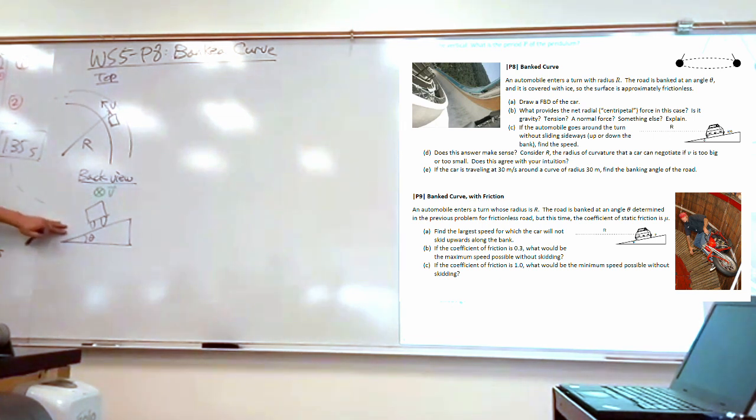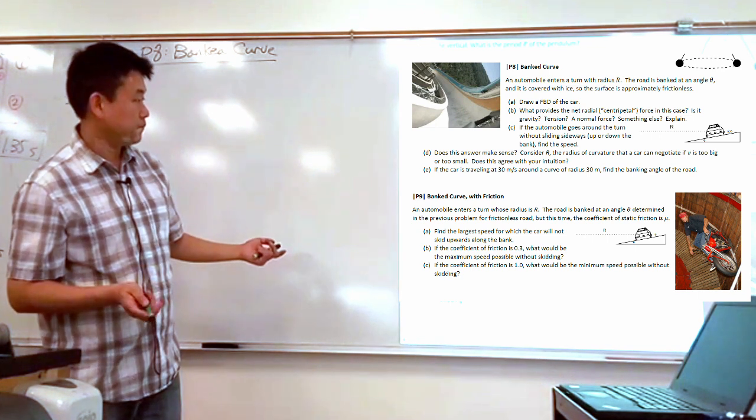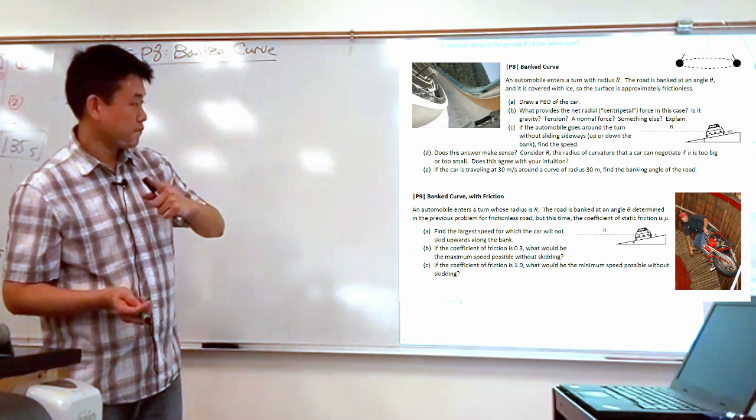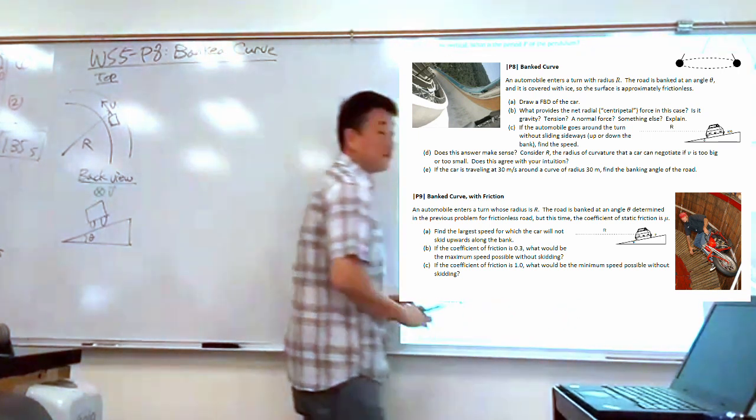So you kind of have to describe both of these pictures to describe the motion fully, because in the back view it's hard to label this radius r or the velocity, but from the top view you can't really see the angle of the road. Okay? So this is the description of the setup. And what they're eventually asking for is the banking angle.